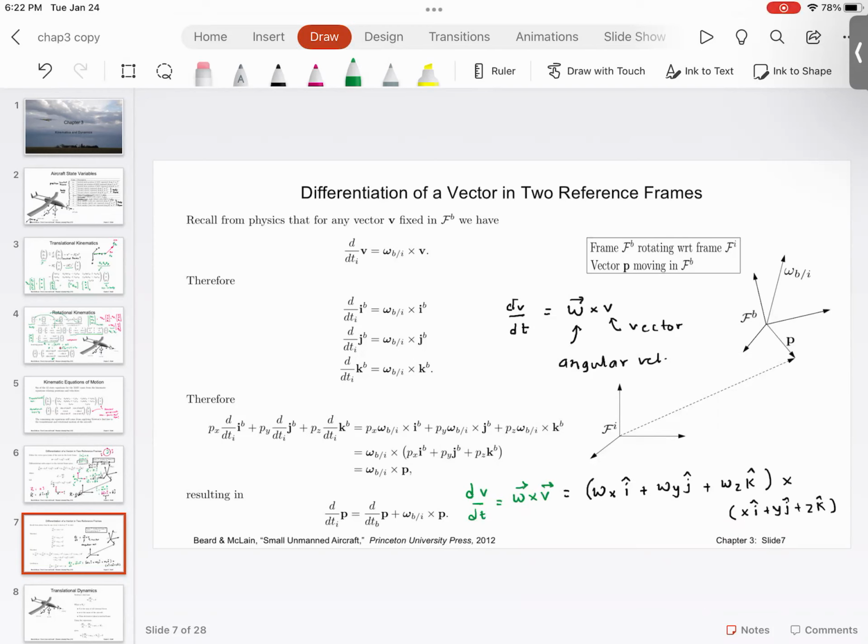Again, v could be a velocity, a position, a displacement, a force, an angular momentum, or a linear momentum. So what I'm saying is it's the general representation of a vector. Everyone understood this? This is very, very important.